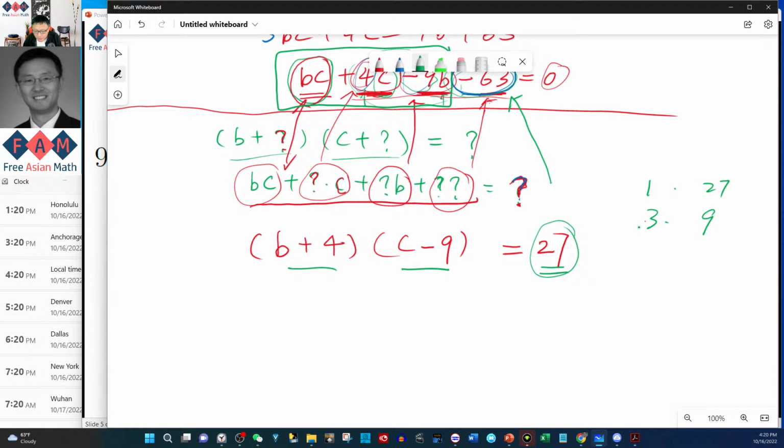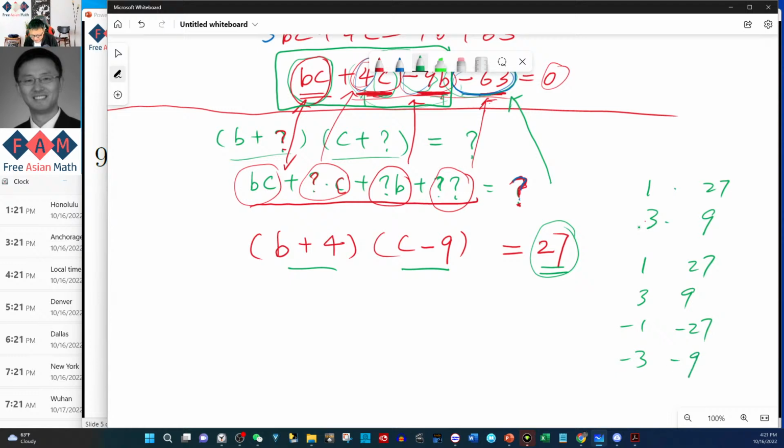So you have two pairs, but you have to be very careful. Because it didn't say all those integers are positive, all negative ones are allowed. So you have to consider more pairs, like negative 1 times negative 27, negative 3 times negative 9.